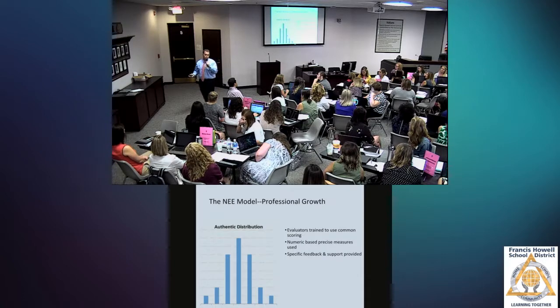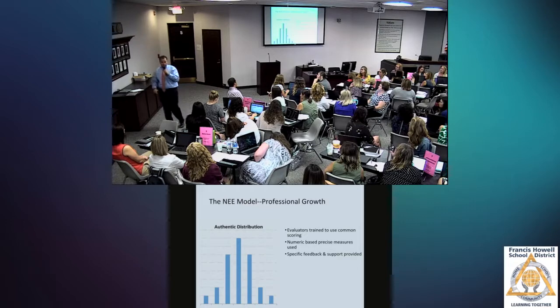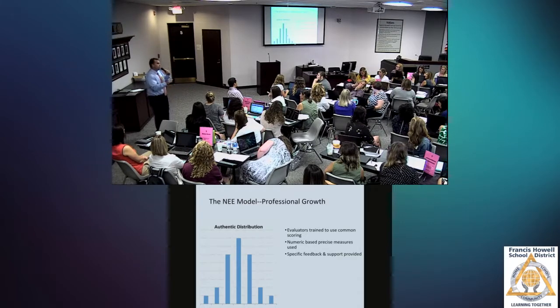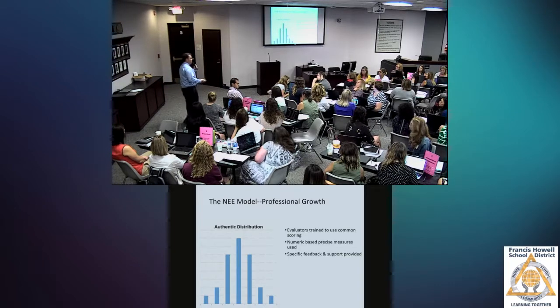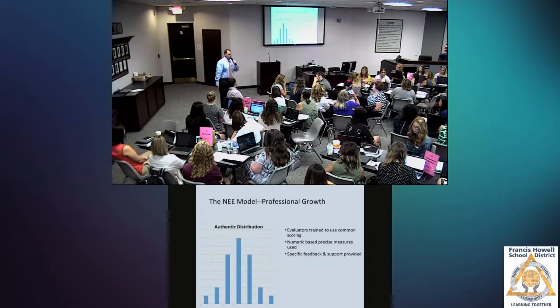I know there are some principals that if it's your plan time, they'll just walk down during your plan time, pop their head in and say, hey, can we meet to talk about your evaluation? I just want to make sure that we're all on the same page. It is vital, and this is one of the things that we stress to principals, that you have that follow-up conversation. And sometimes people will say, I scored all 5s. I'm perfectly fine.